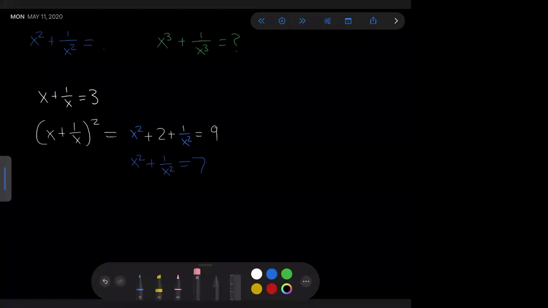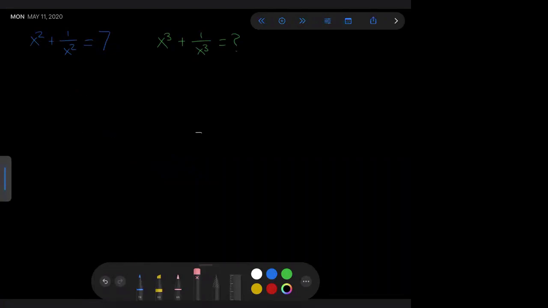Now let's move on to a more challenging one. What about x cubed plus 1 over x cubed? Let's erase this. We need more space for this one. Well, let's just cube it and see what happens. x plus 1 over x, x plus 1 over x, and x plus 1 over x.